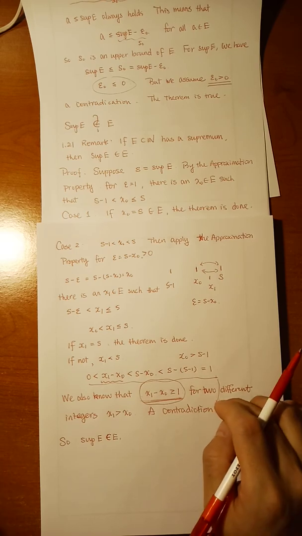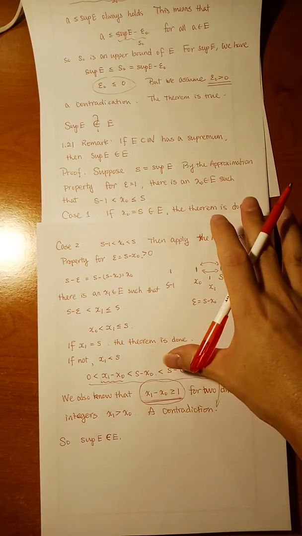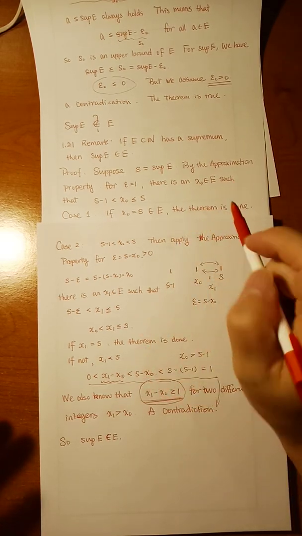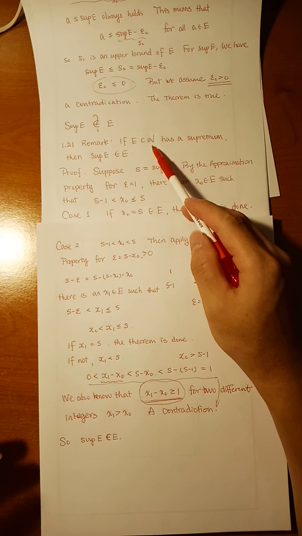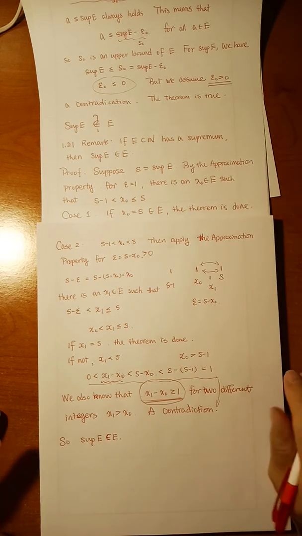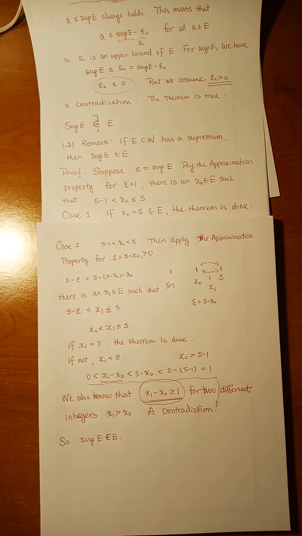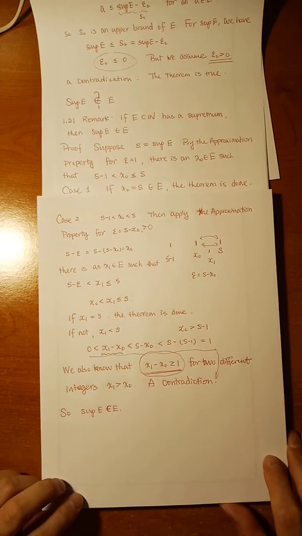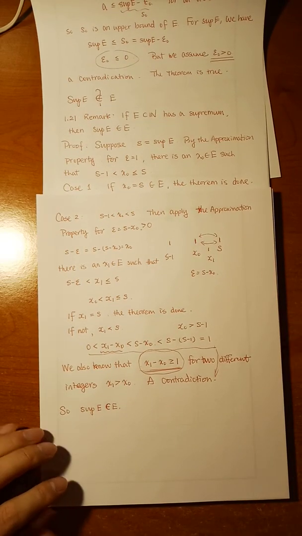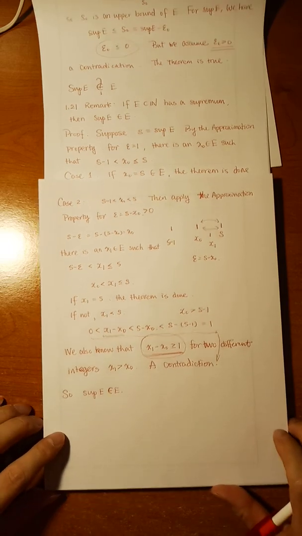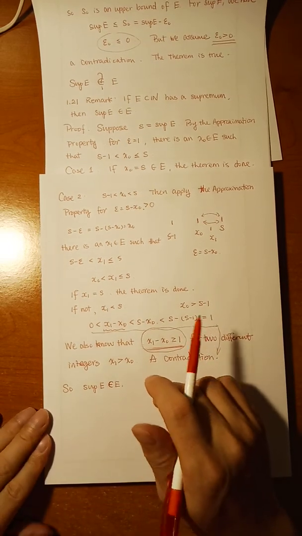So that's why I say this whole proof can also be applied to the subset of integers. It can be applied because it contains the same property. If you do not have this property, of course, you cannot copy this proof. Okay, so that's a supremum argument.